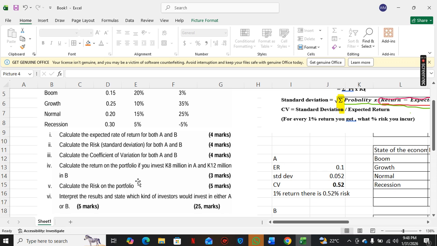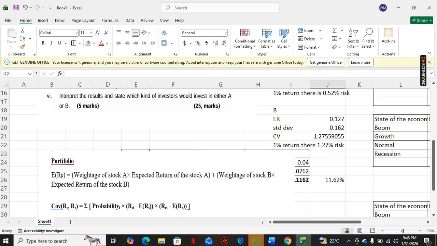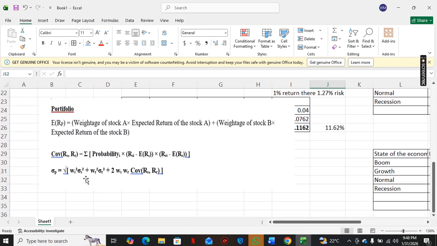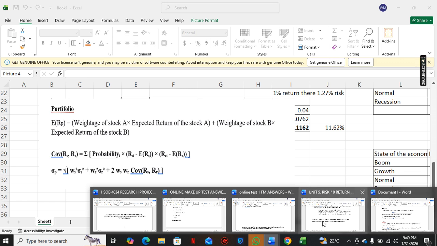Calculate the risk on the portfolio. Okay. Now we're calculating the risk on the portfolio. Now here, this is the formula for the risk of the portfolio. Let me just put it in simple language first.